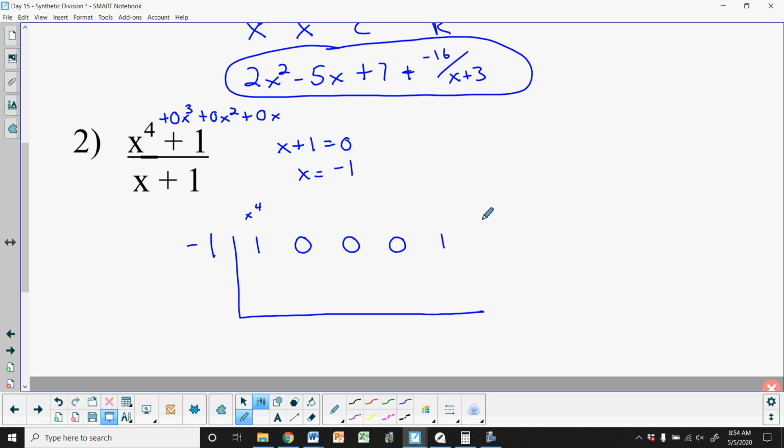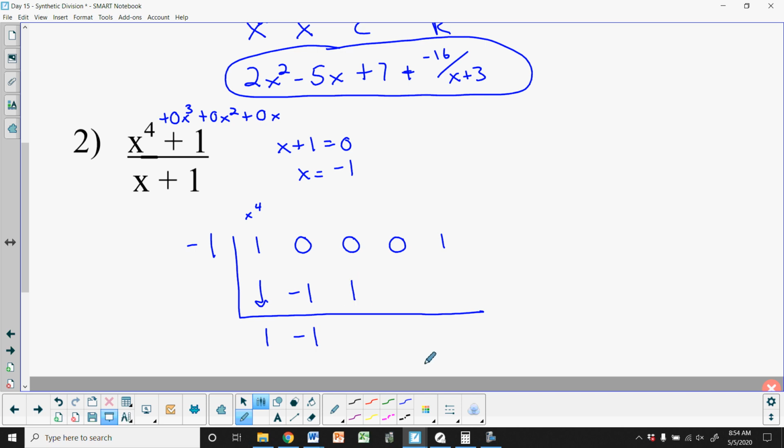All right, so first step is to do what? That's right, bring down the number. Then what do we do? That's right, we multiply -1 times 1. And then what do we do after that? That's right, we add the column. So 0 plus -1. Then what do we do next? That's right, we multiply -1 times -1.